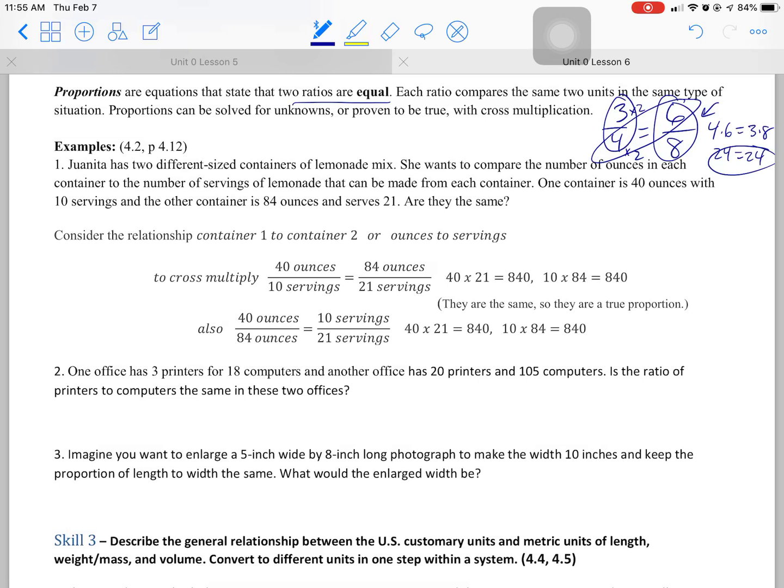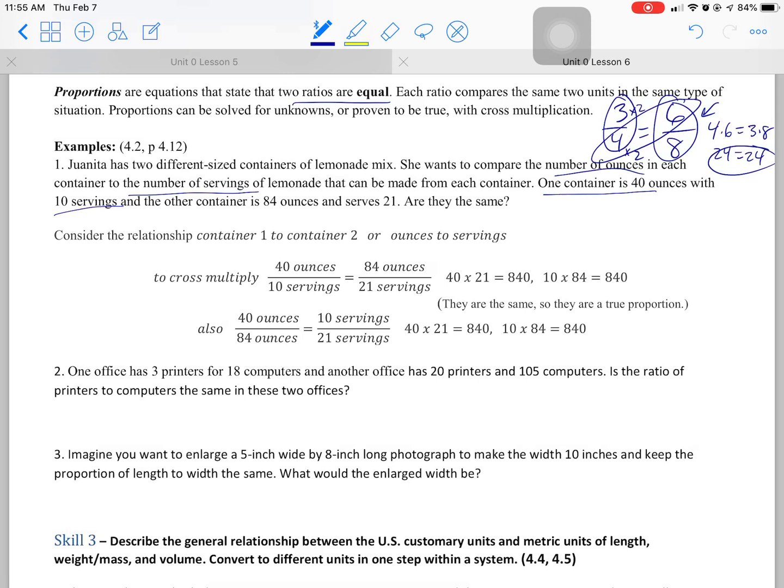So Juanita had 2 different size containers of lemonade. She wants to compare the number of ounces in each to the number of servings that can be made from each container. It goes on to describe container 1 has 40 ounces with 10 servings.